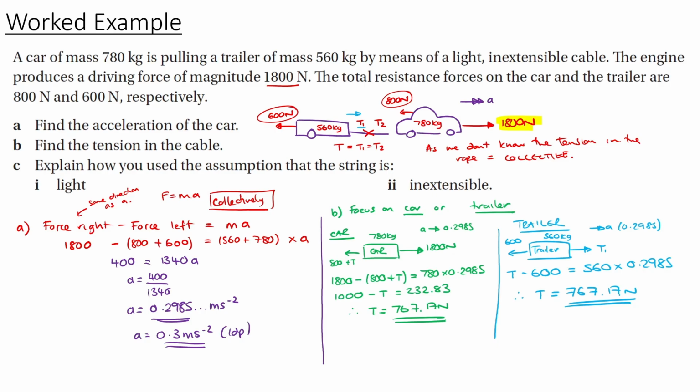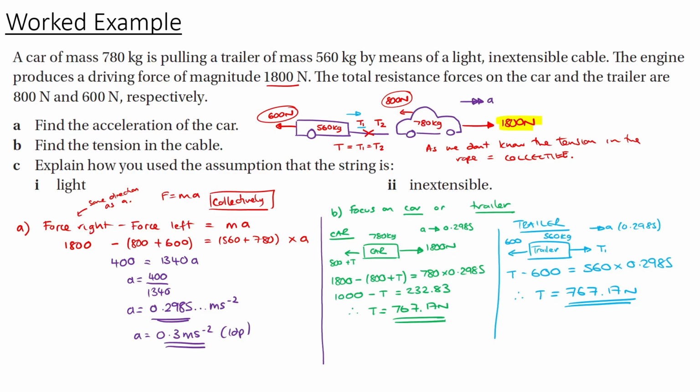So as you can see, it's entirely up to you. Given the choice, I would say working out the trailer is probably the easier option, just because there's less chance of you going wrong than working with the car. But if you choose the car, and it's done correctly, it should give you the same answer.